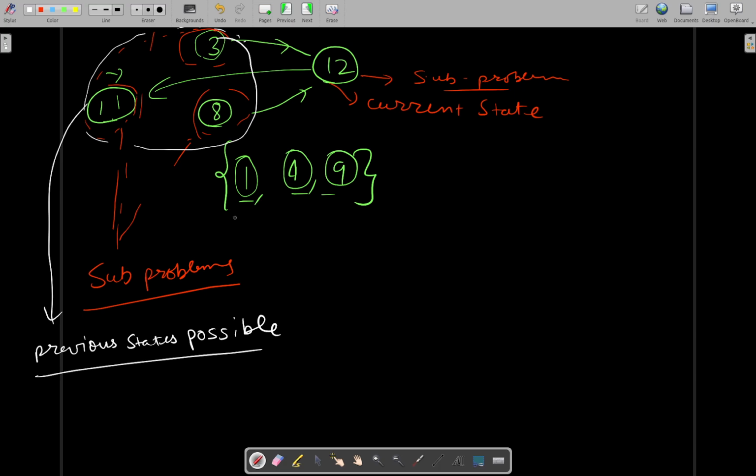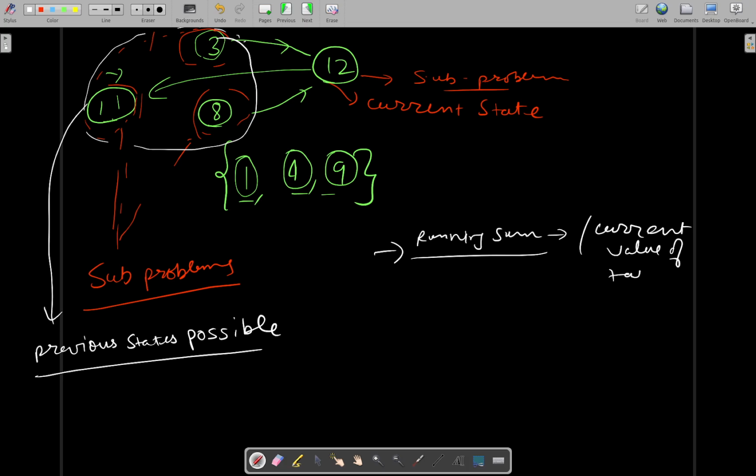Okay, so you will be able to observe that only one state variable is required, which is the value of running sum, or you can say current value of target. Okay, you will be varying your target from 1 to n.